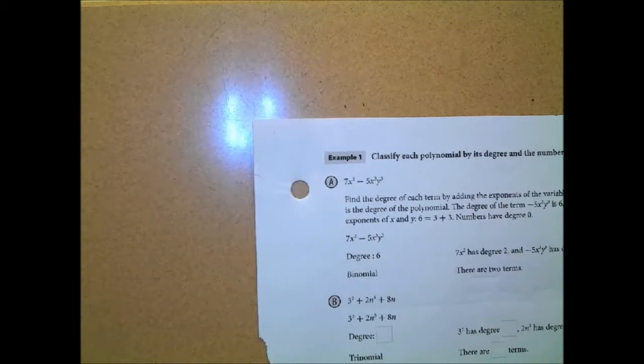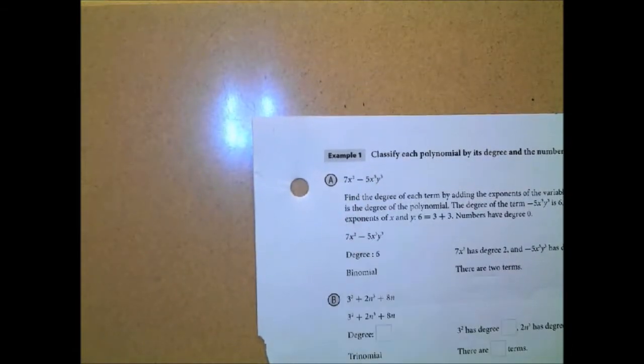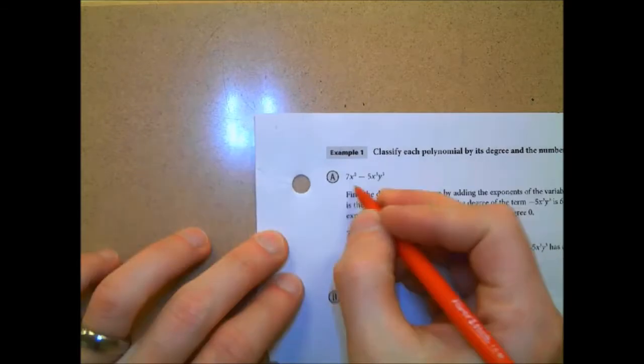Okay. So, Matt S. First of all, what kind of polynomial is this? Let's decide that first. How many terms are there? Two. So again, look for separations between addition and subtraction. We've got one term here, one term there, two terms.